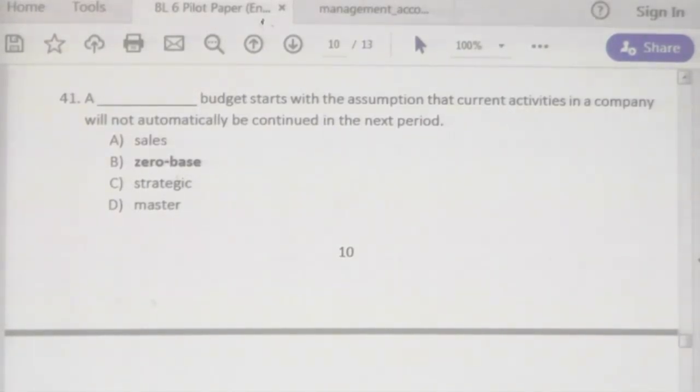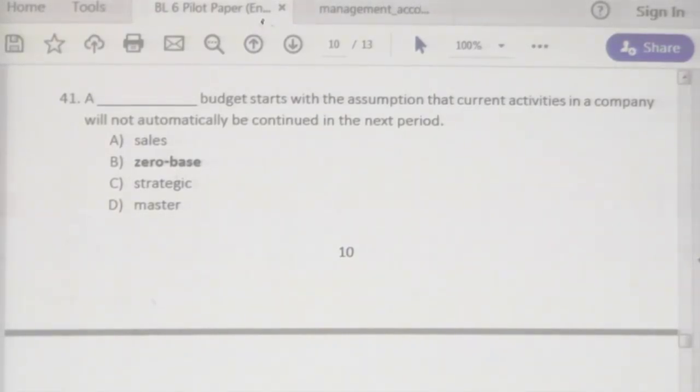What is zero based budget actually? Traditionally, most companies prepare their budget using the recent financial year's or recent financial years' historical data, using trend analysis or different mathematical models, regression and correlation analysis. They take past financial information to develop the next year budget, right?